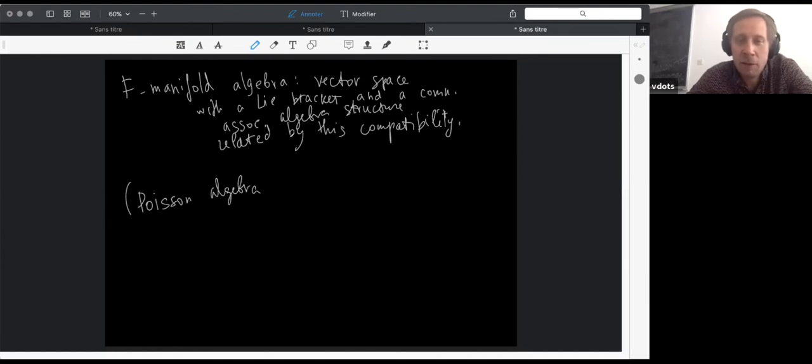And of course, each Poisson algebra is an F-manifold algebra because the compatibility is a weakening of the Leibniz rule. So this is just some source of stupid examples of F-manifold algebras, if you want.